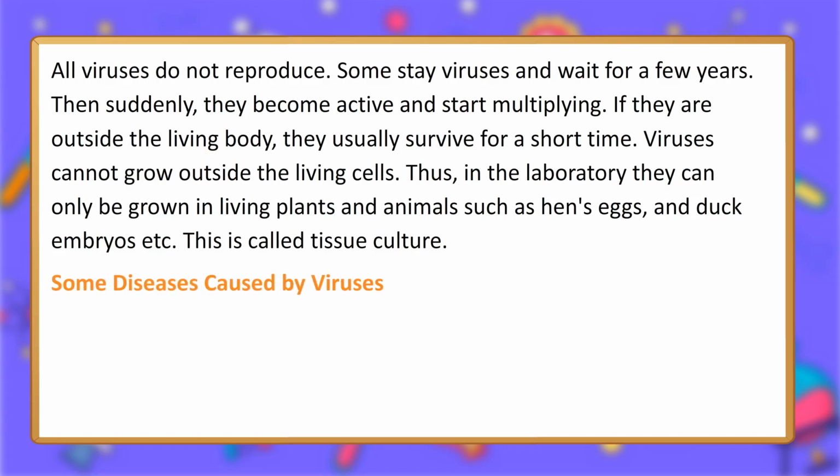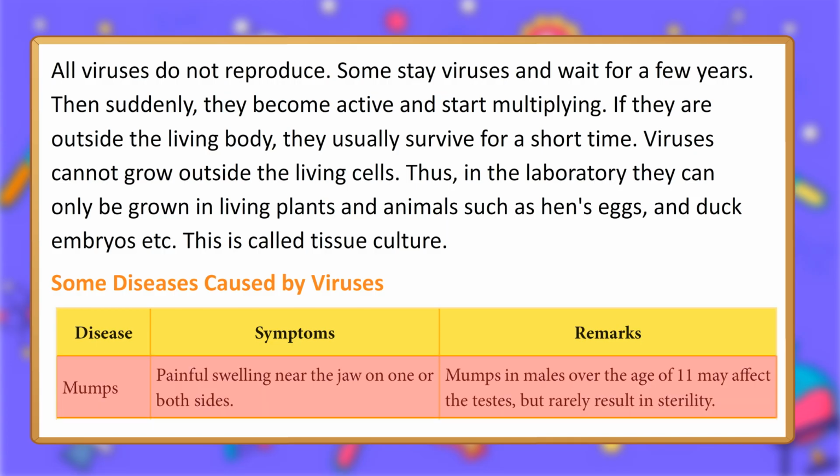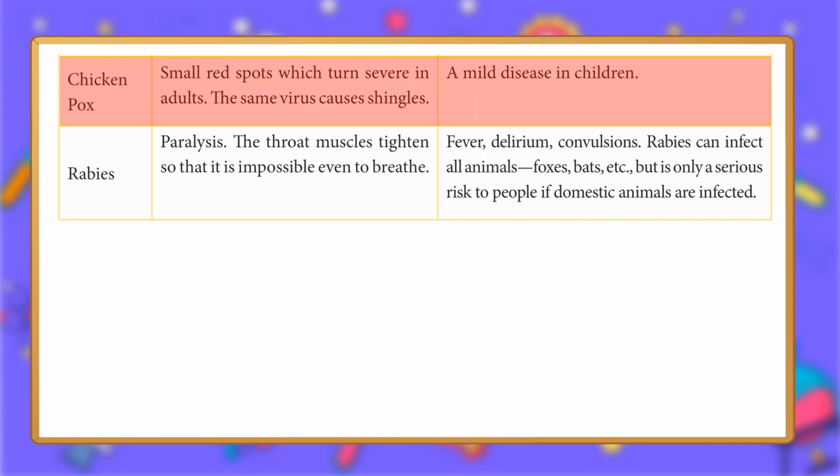Some diseases caused by viruses. Disease, symptoms, remarks. Mumps: painful swelling near the jaw on one or both sides. Mumps in males over the age of 11 may affect the testes, but rarely result in sterility. Chicken pox: small red spots which turn severe in adults.